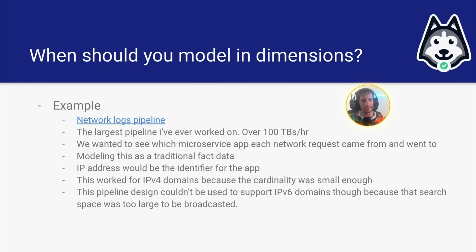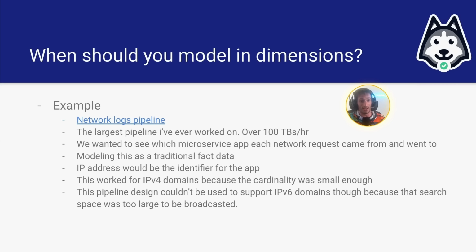We will not be able to figure out, based on IP address, what the app is. After that join, we figured out what the app was, and then we aggregated down to see that this app talks to this app talks to this app, right? Because it's just IP1 to IP2. You just have 2 IP addresses, and then you do that join. But if you can't broadcast join it, then we tried.